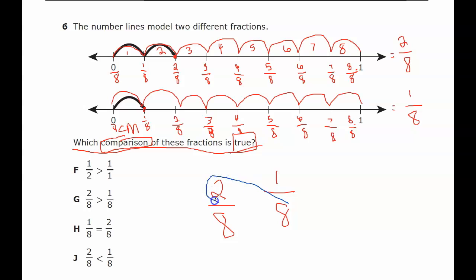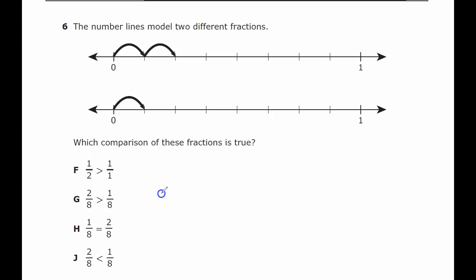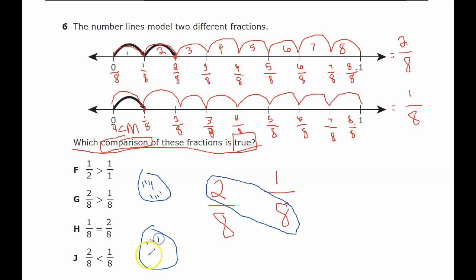Okay, so here I have 2 times 8, which is 16. Over here I have 8 times 1, which is 8. So now I have 8 and 16. I know 16 is greater than 8, which means 2 eighths is greater than 1 eighth.